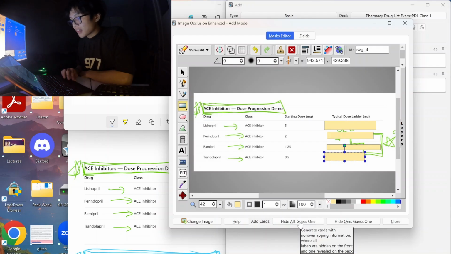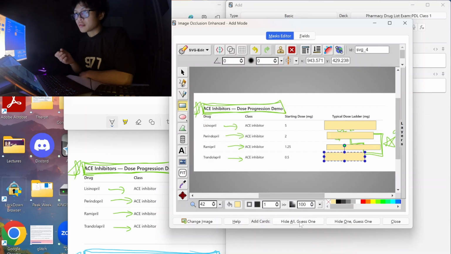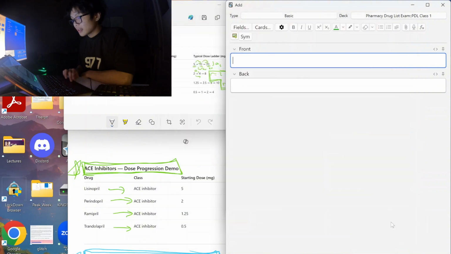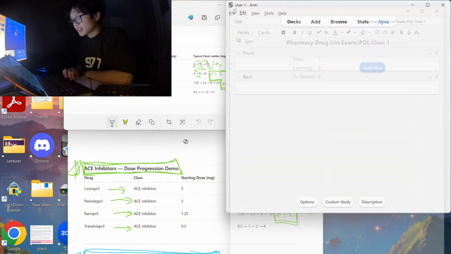So if I click this one, it'll cover all the drug doses for this drug class, while only allowing me to guess what the drug doses for one drug is, while hiding the doses for everything else. This is an important feature later, but I'll show you right now actually what this means.